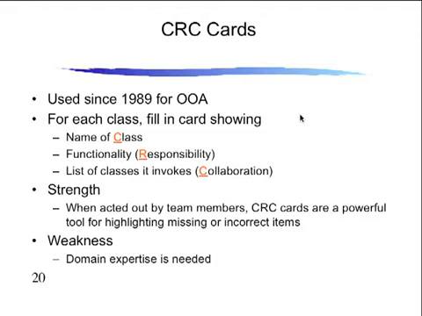So this concept of CRC cards, we created a card that had 3 sections on it. This is how the class was actually divided out into 3 sections. And this is how the object came about, how the object was born, essentially. We have a name. Well, that's the identity, the name of the class. The second one was the functionality or the responsibility.